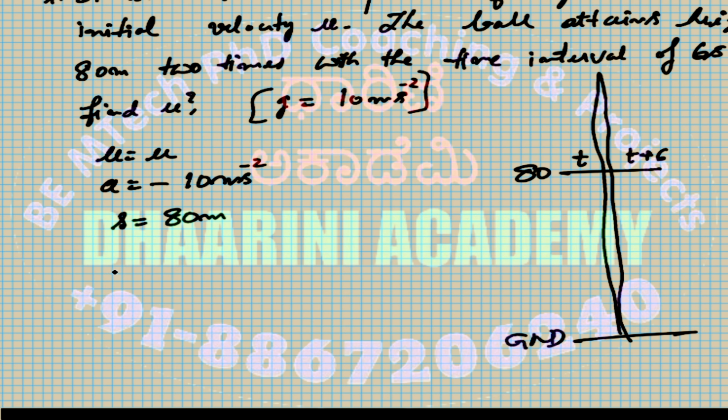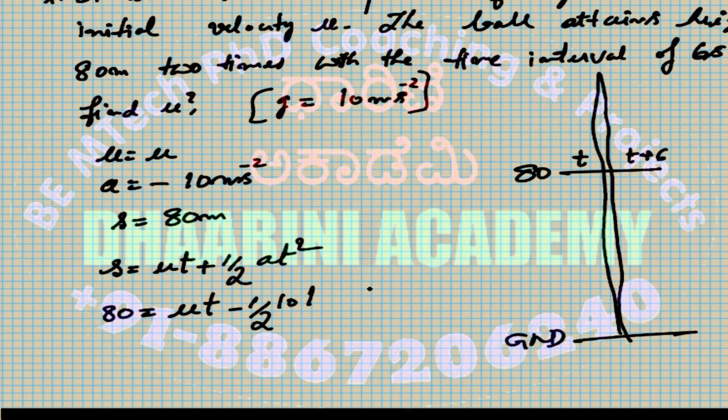So the equation that I'm going to use now is, once again, the S is equal to ut plus half at square. So 80 is the height, u is the initial velocity, t is the time, minus this is half into 10 into t square. Right, so this can be written as 80 is equal to ut minus 5t square.